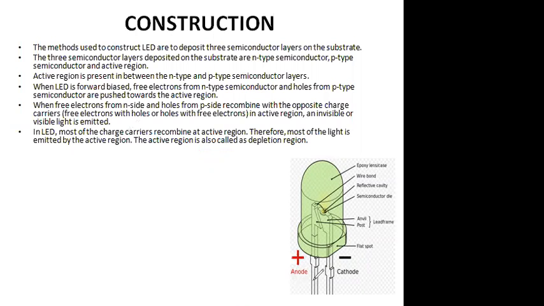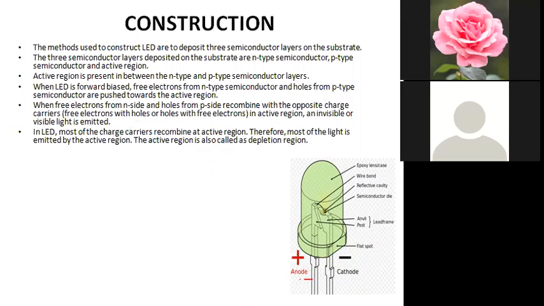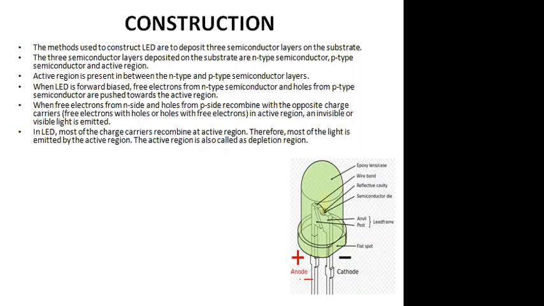The LED is forward biased when the anode is positive and the cathode is negative, and it is reverse biased when the anode is negative and the cathode is positive.